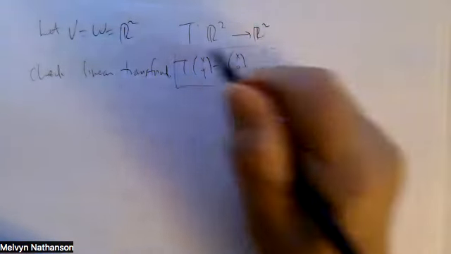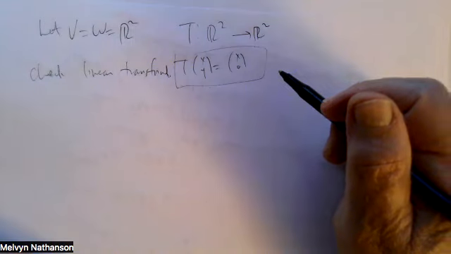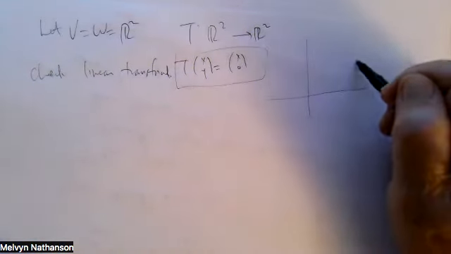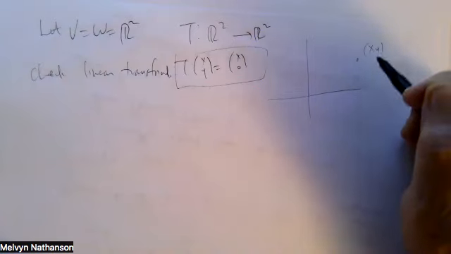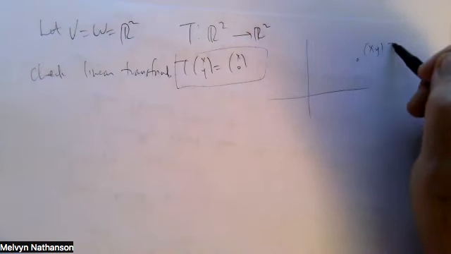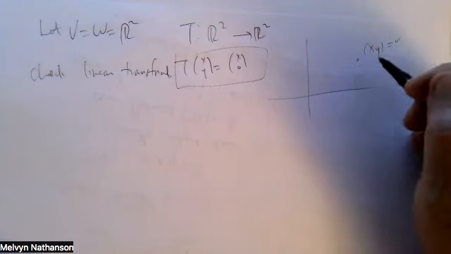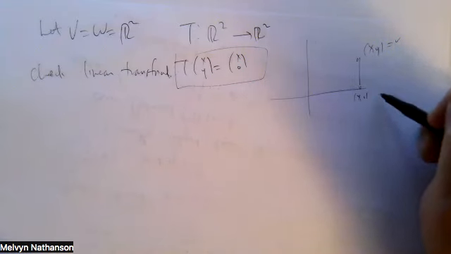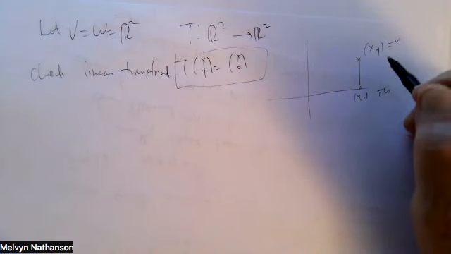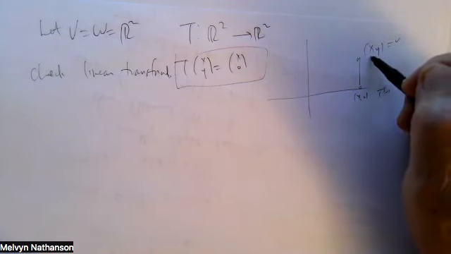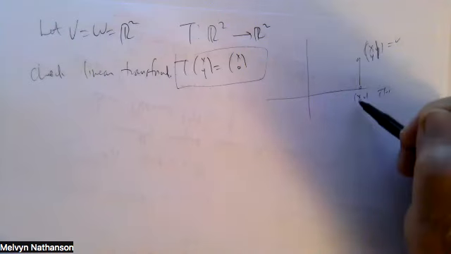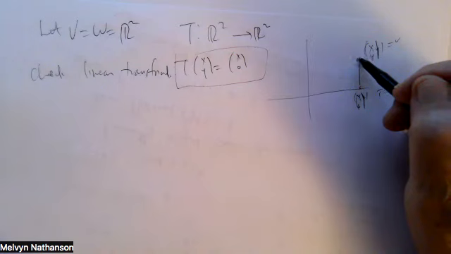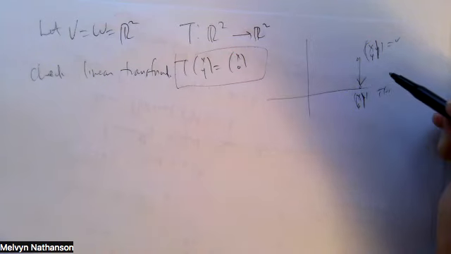That's an exercise for you. What does this look like? Here we have a point (x, y) in the plane. That's my v, and it gets mapped to the point (x, 0). That's my T of v. So this is just projection onto the x-axis.